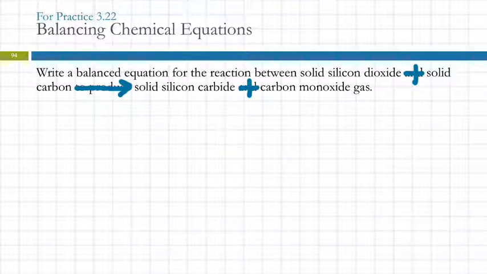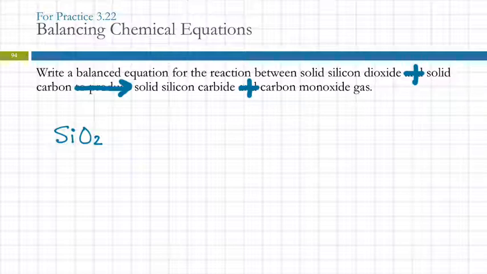If it's on the metal side, treat it like a metal. So silicon being on the non-metal side, silicon dioxide is a molecular compound. Silicon and oxygen, 2 non-metals. So what's the formula going to be? SiO2.